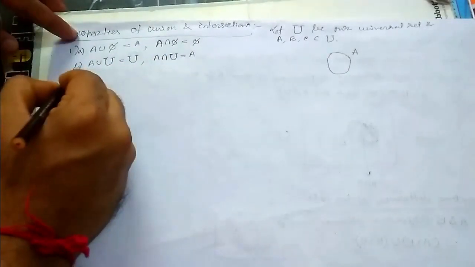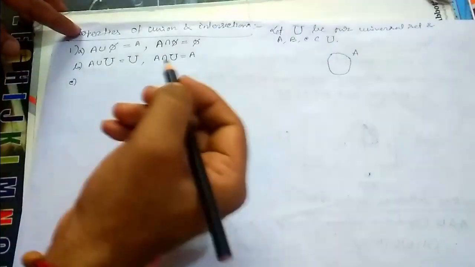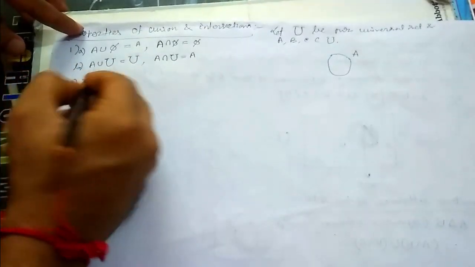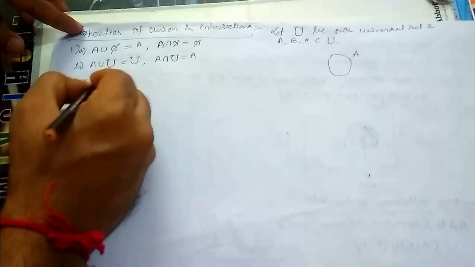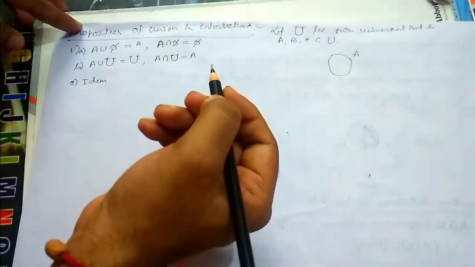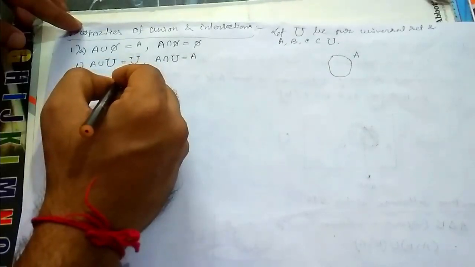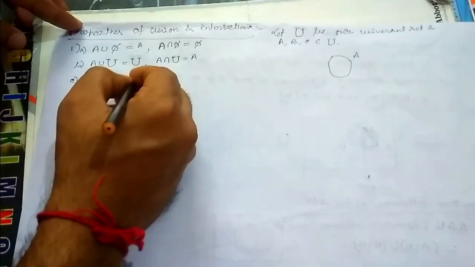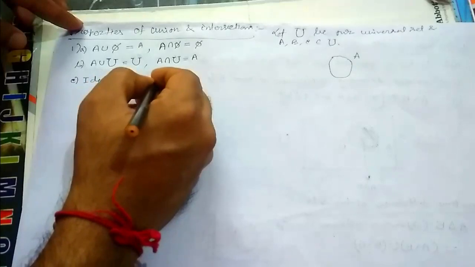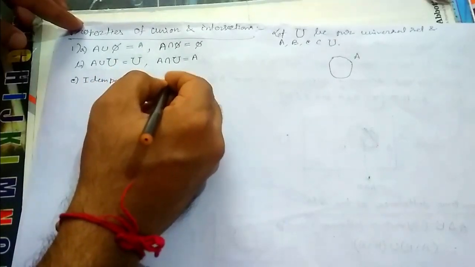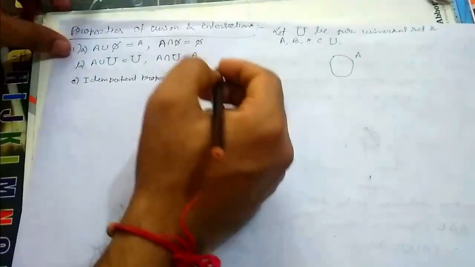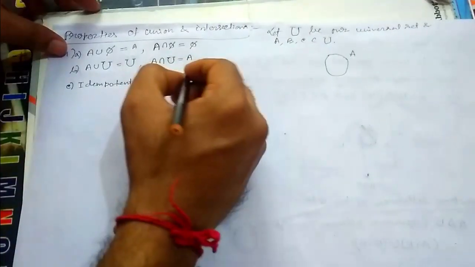Okay, now see, this property has a name, and the name is idempotent property.